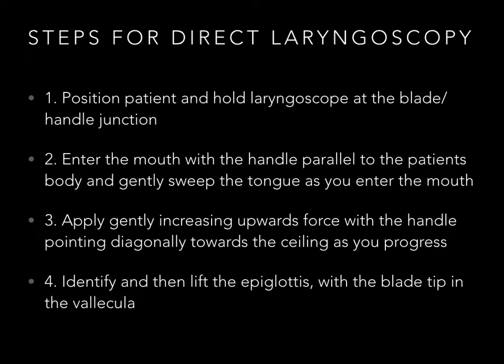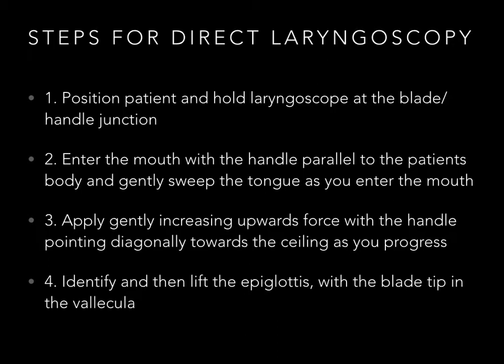Now to move on to direct laryngoscopy. The first thing you need to do is position your patient. I think you should hold the laryngoscope at the junction of the blade and the handle, and I like to try and just hold between my thumb and index and middle fingers so I'm not gripping too hard. You should enter the mouth with the handle initially parallel to the patient's body, and then gently sweep the tongue as you enter the mouth. You don't need to do a massive sweep movement.